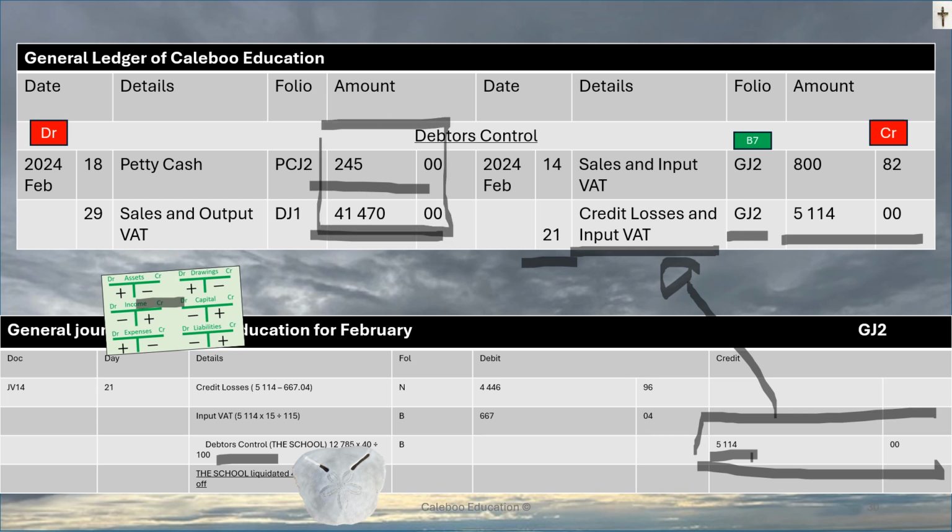Those transactions resulted in the school owing Caleboo Education more. Then what happened was there was settlement discount when we were paid, and also there was an amount of 5114 written off. So let's move on.